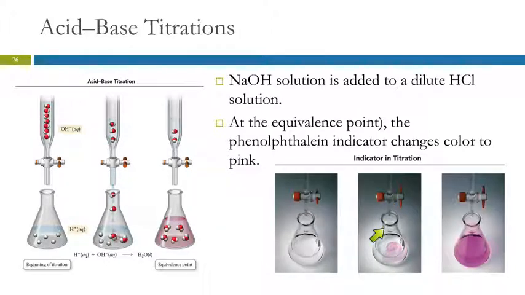So we stop the addition here and we give it a swirl and it mixes and the reaction continues and all the pink goes away. But the presence of the pink is telling us, okay, you're getting closer. The goal is to go from a clear, colorless solution to a pink solution in 1 drop or less. And that will tell you that we nailed it. That's too pink, but it shows up good in the picture.